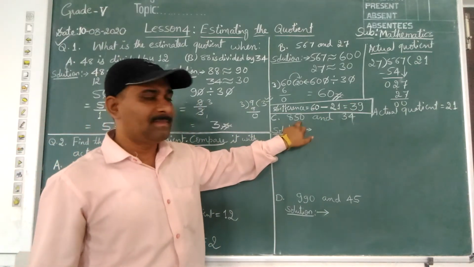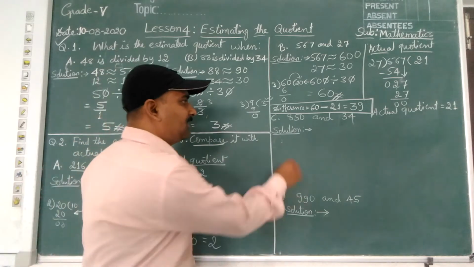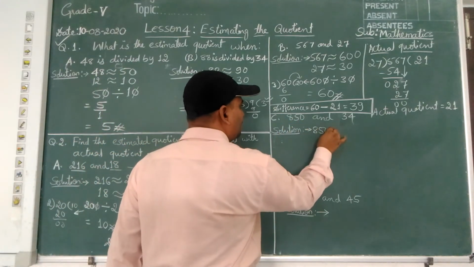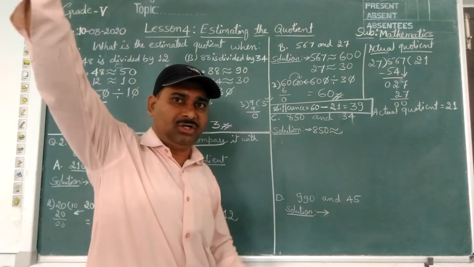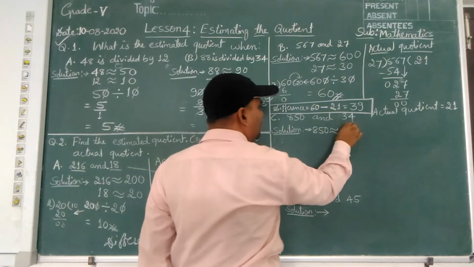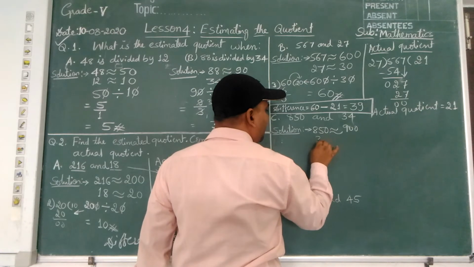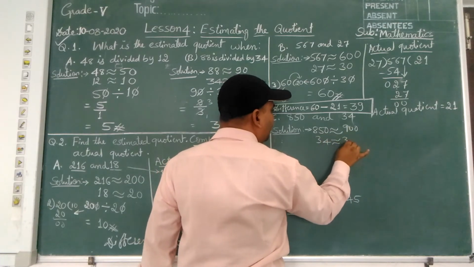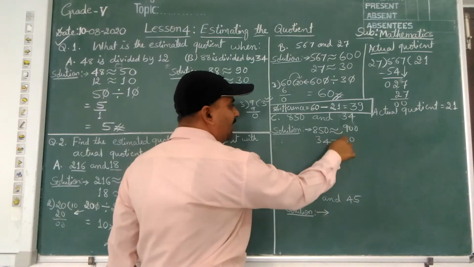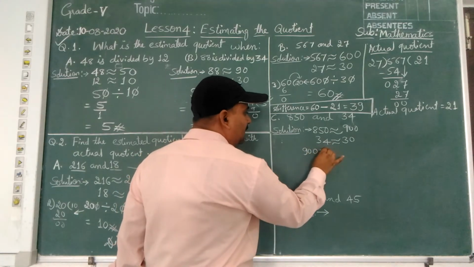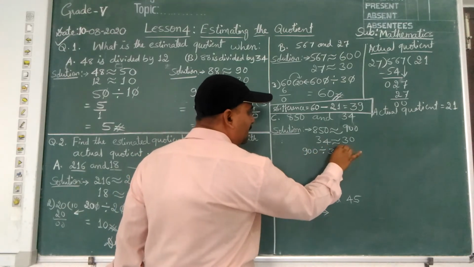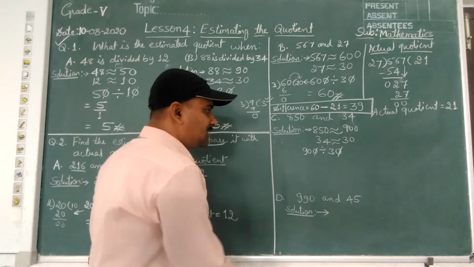Same way, this one, children. 850 and above will round off to 900. So 34 will round off to 30. Divide the numbers. 900 divided by 30, the 0s get cancelled.